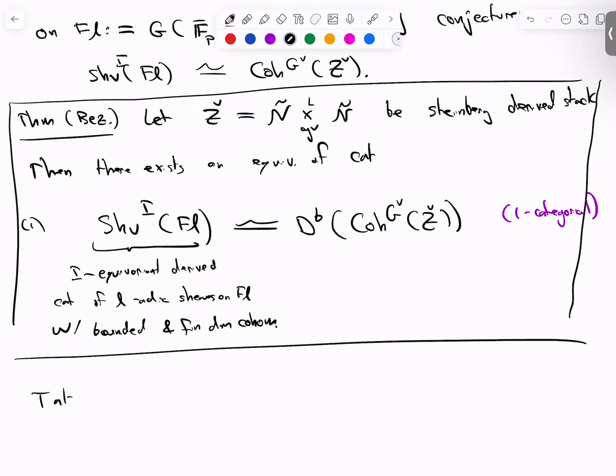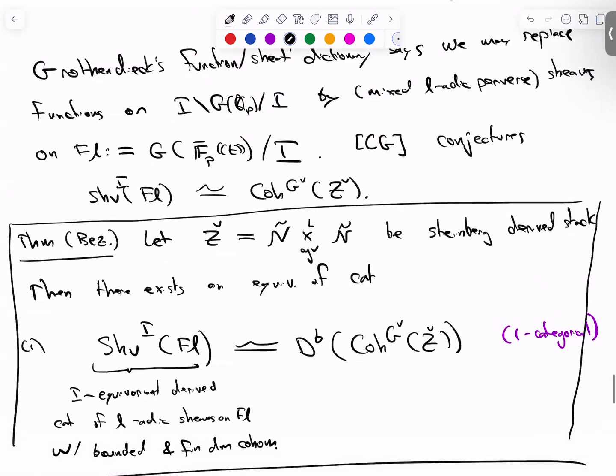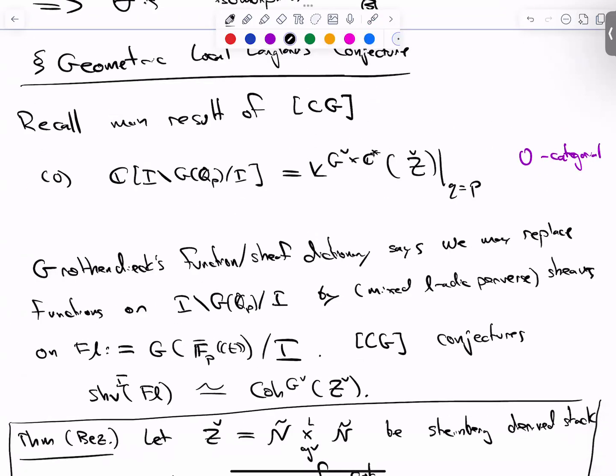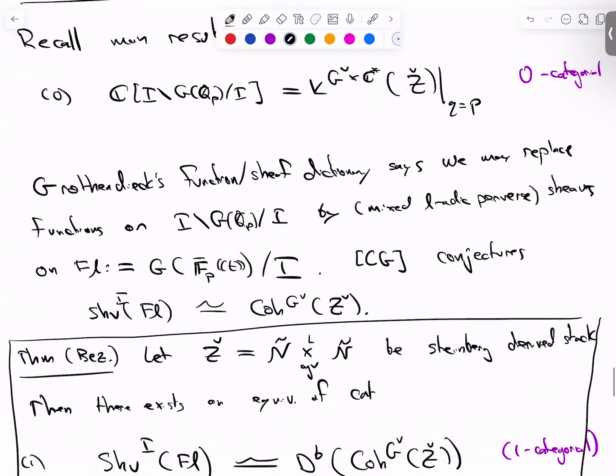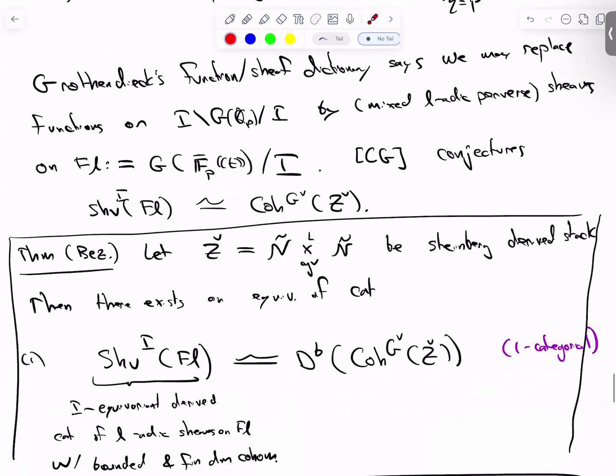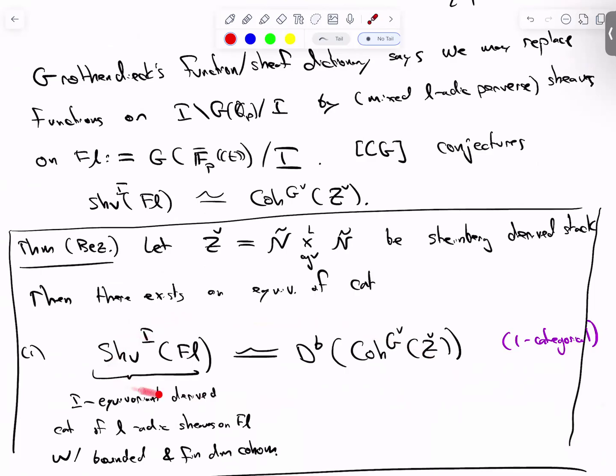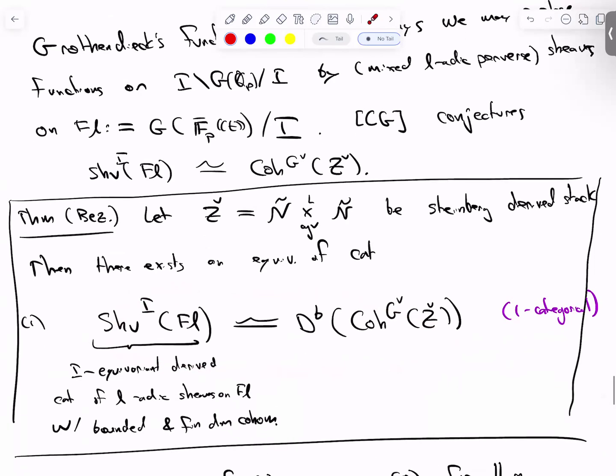So taking K theory of one recovers the isomorphism we stated earlier, and further specializing at P. Now, the goal of geometric local Langlands is to try to make a similar equivalence of categories where instead of working over F_p bar everywhere, we work with the complex numbers.